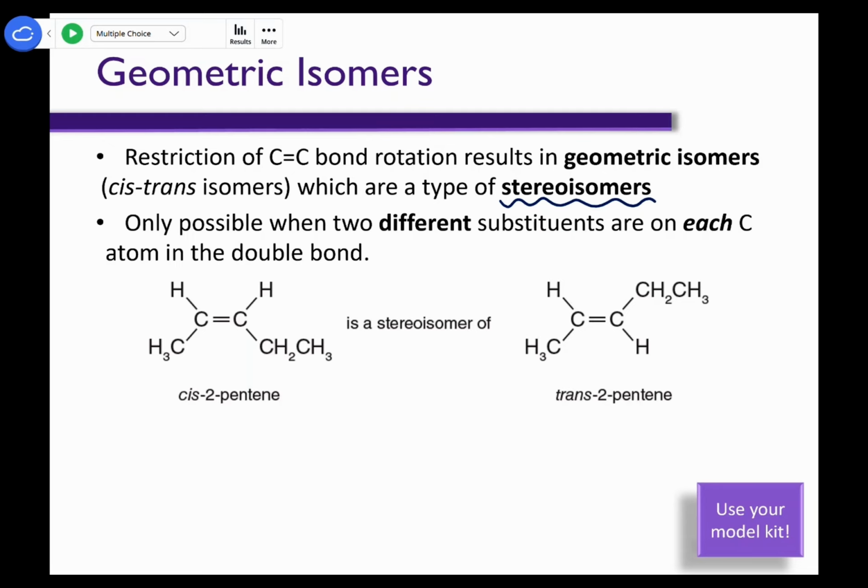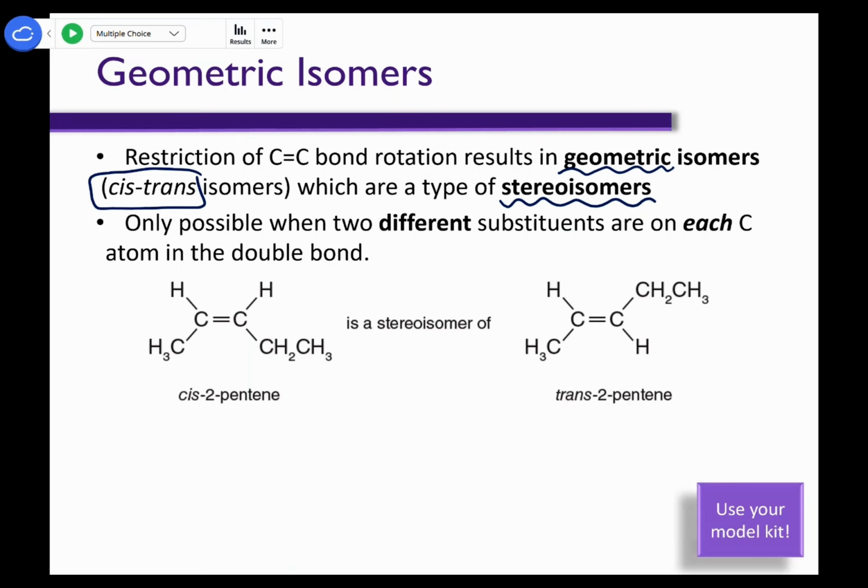Around a double bond, the type of stereoisomer that we're looking at is geometric isomer. These isomers are also known as cis-trans isomers. We have them because we can't simply rotate the carbon-carbon double bonds.